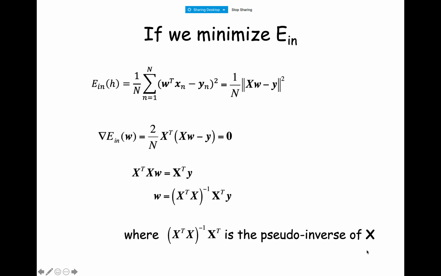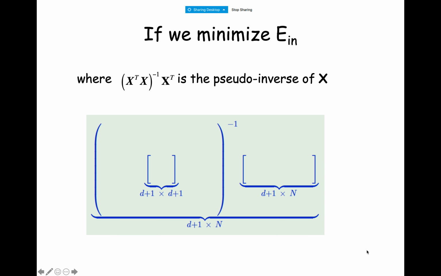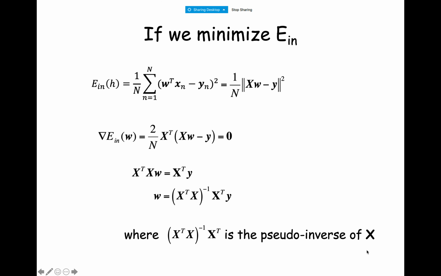Now y is d plus 1 by 1, no, y is n by 1 rather. I'm confusing myself. Y is n by 1.